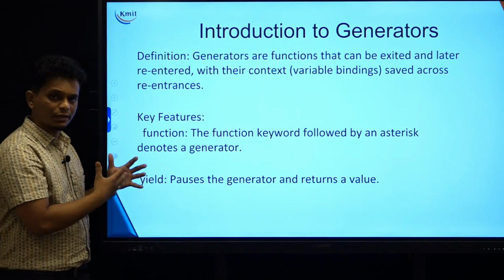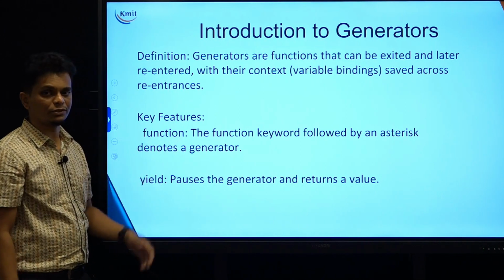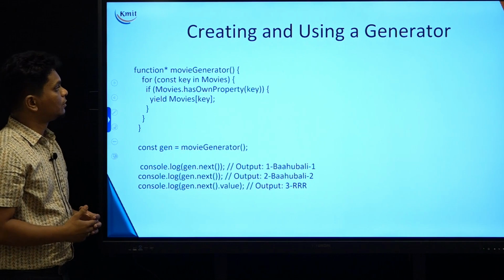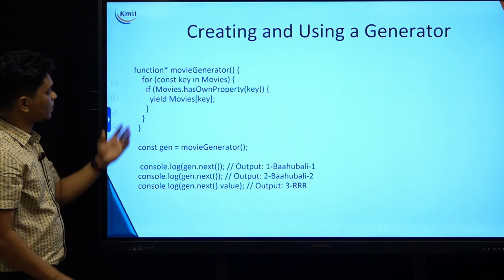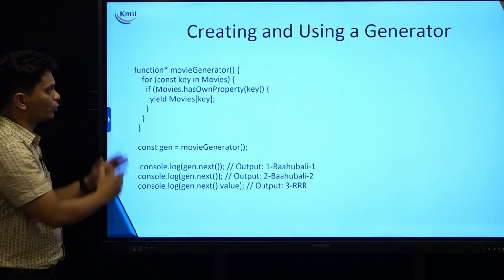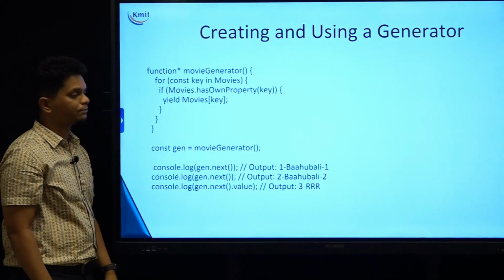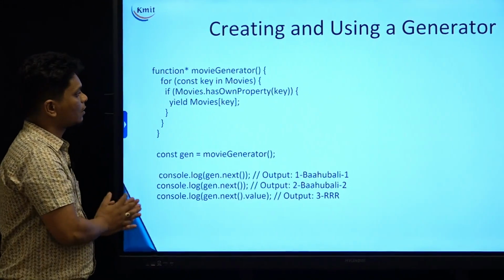Okay, considering an example, let's look at how a generator works. Creating and using a generator, we have a function followed by an asterisk that tells us this is a generator, and here we have used for in.